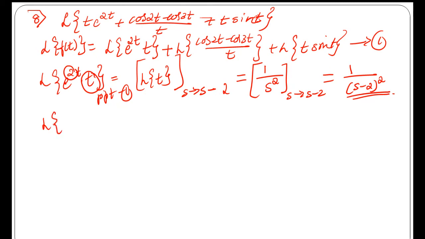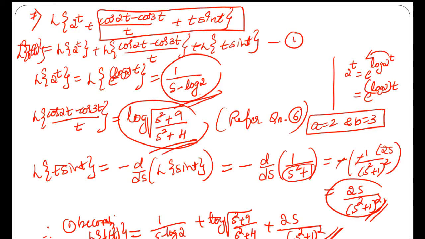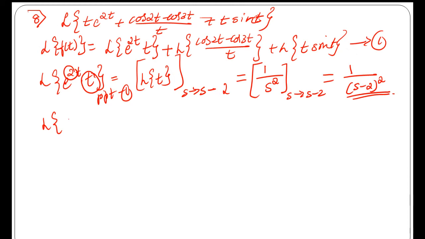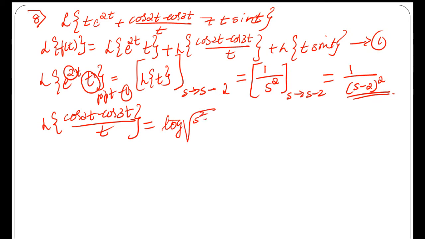And the answers for the second and third terms we already have from the previous question. Take the Laplace transform of (cos 2t minus cos 3t) divided by t and proceed as in the previous questions. We will get log of the square root of (s square plus 9) divided by (s square plus 4).